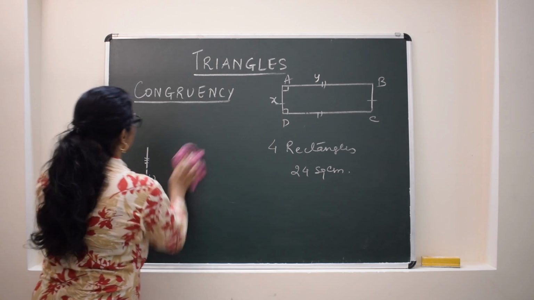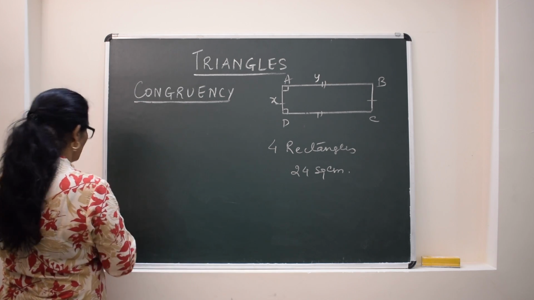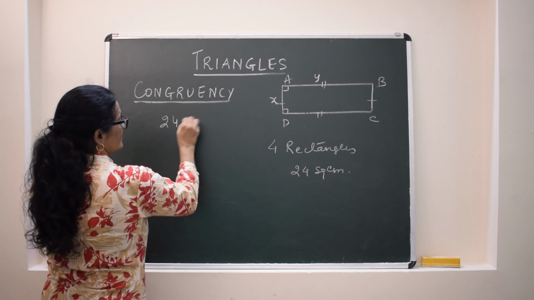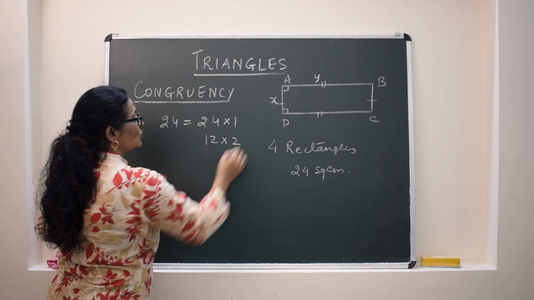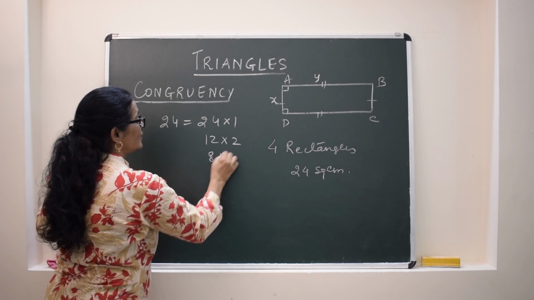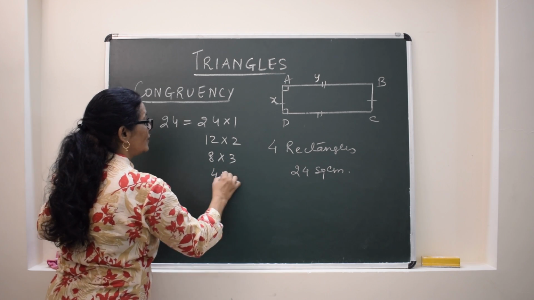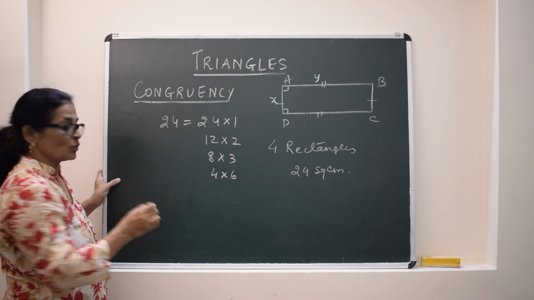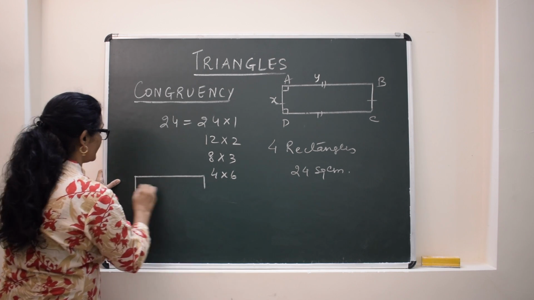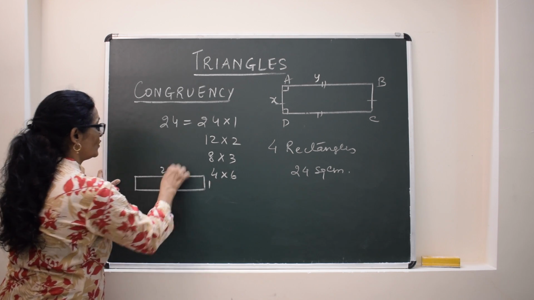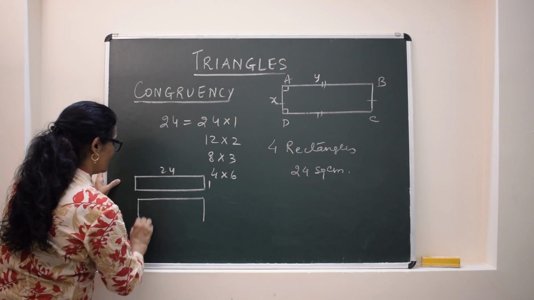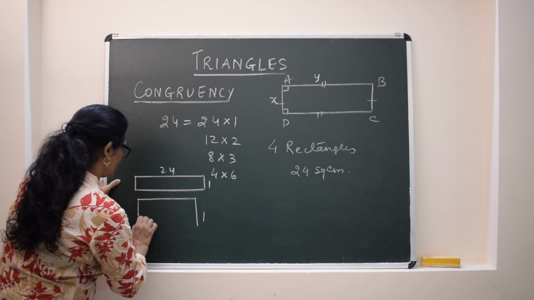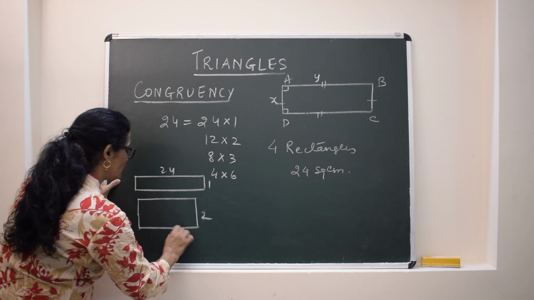24 square centimeters. Since 24 can be written as 24 into 1, 12 into 2, 8 into 3, 4 into 6, I can take one rectangle with the sides 1 and 24. I can take a rectangle of size 12 and 2.